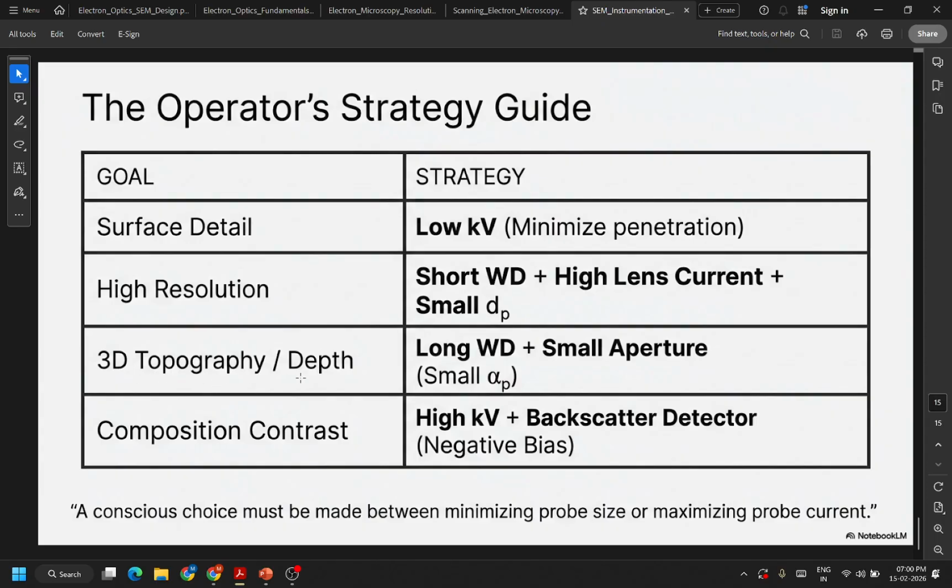For 3D topography or depth, you should go for longer working distance to increase depth of focus, plus a smaller aperture to increase your depth of focus. For compositional contrast, you should go for higher accelerating voltage to have better penetration, plus a backscattering detector because that detects your composition.